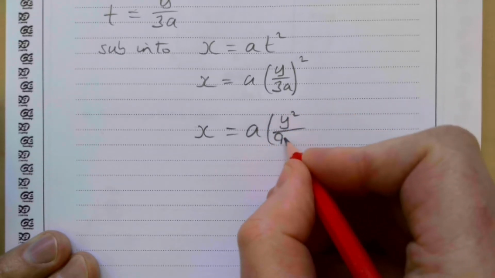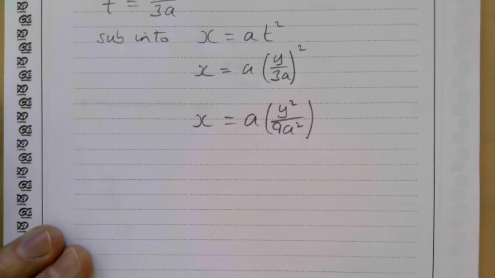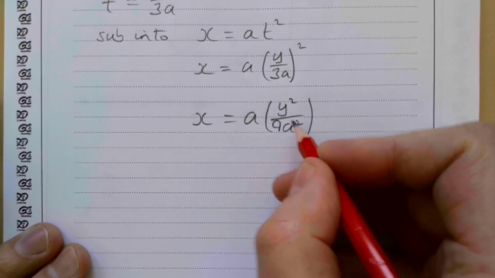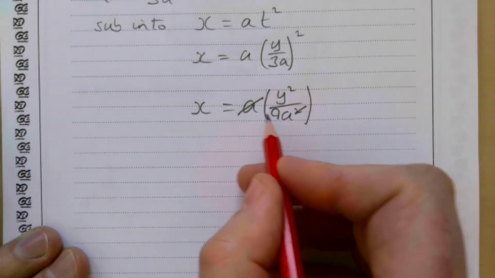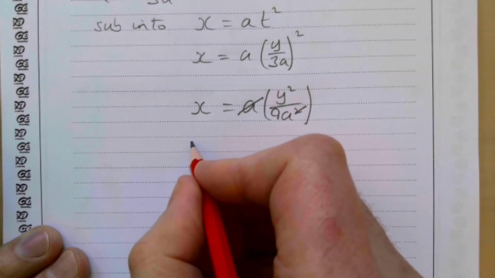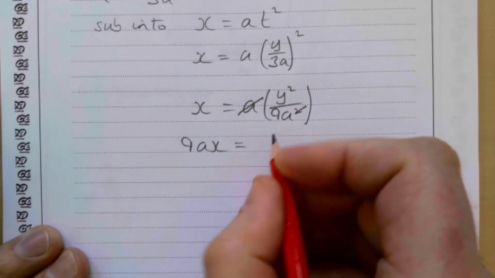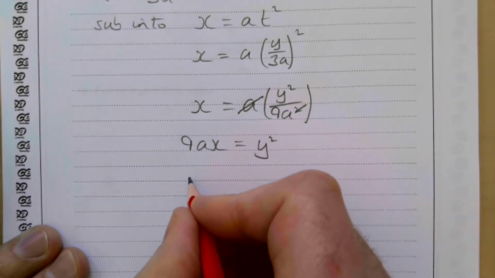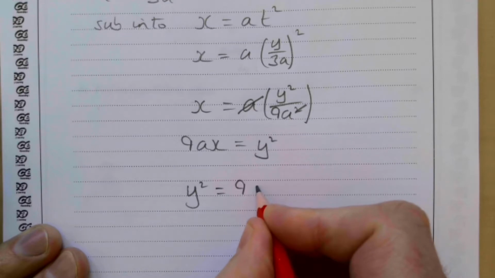Remember to square the 3 as well, obviously. A squared. And hopefully you can see then that this a is going to cancel out with one of the a's here. And if I then multiply through by the 9a, I get 9ax equals y squared, which is fine. I just want to see the y squared bit first, so y squared equals 9ax.